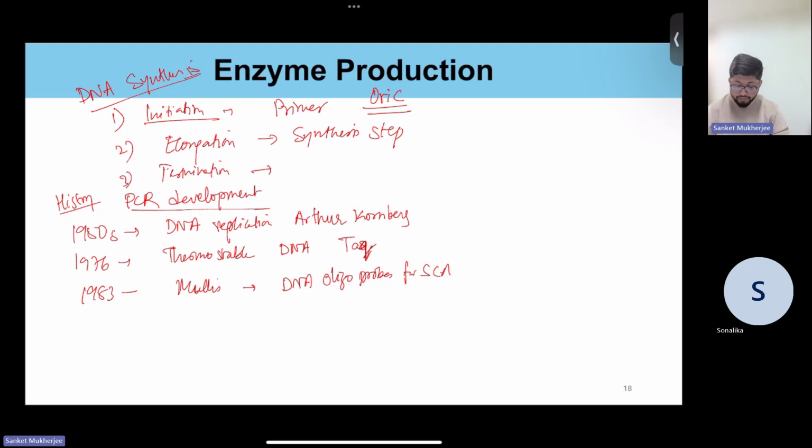In 1983 again, repeated thermal cycling, which is basically the concept of PCR, was first used to clone a gene.